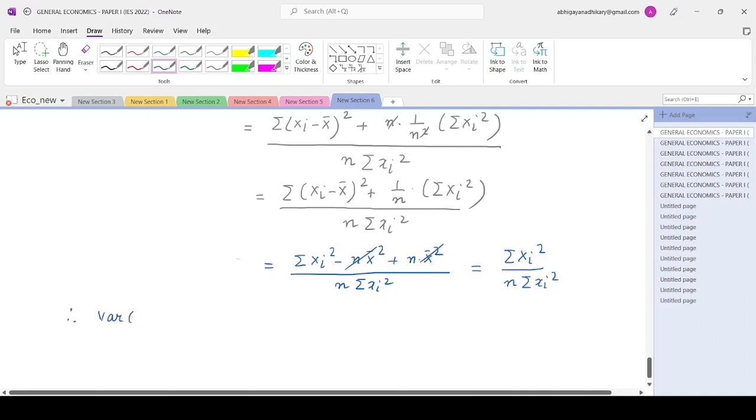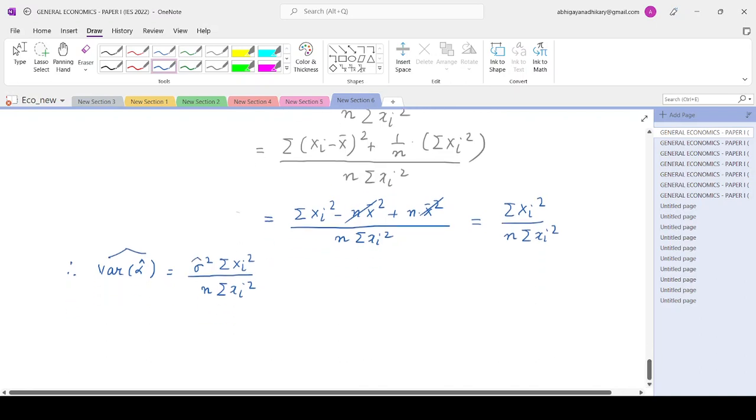Therefore, variance of alpha hat is basically sigma square summation capital X_i square divided by n times summation small x_i square. So the estimated variance will be simply replacing sigma square by the estimated value of sigma square, and the standard error of alpha hat is basically the square root of this estimated variance.